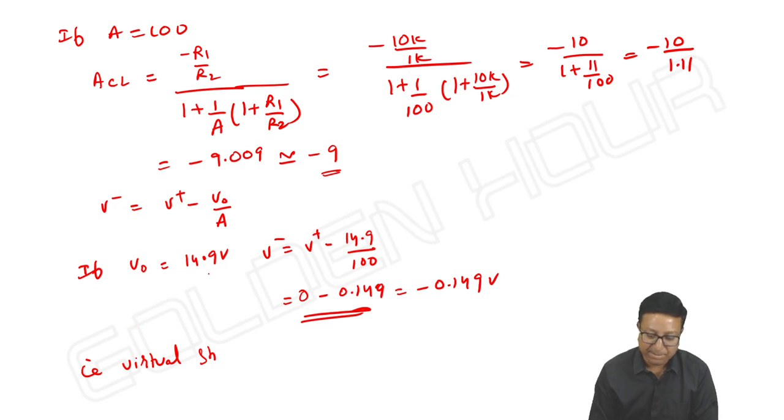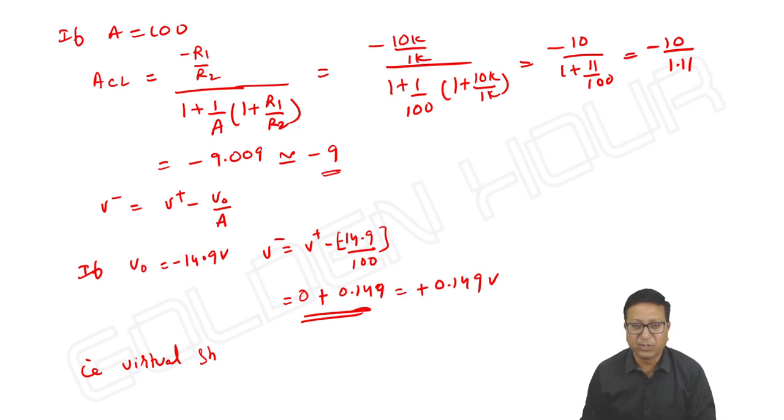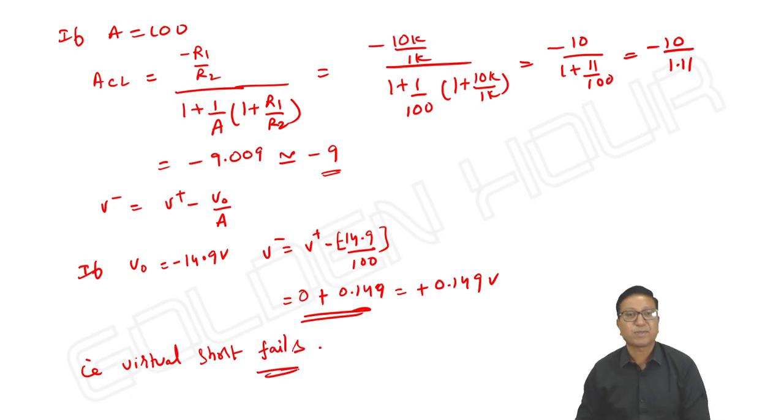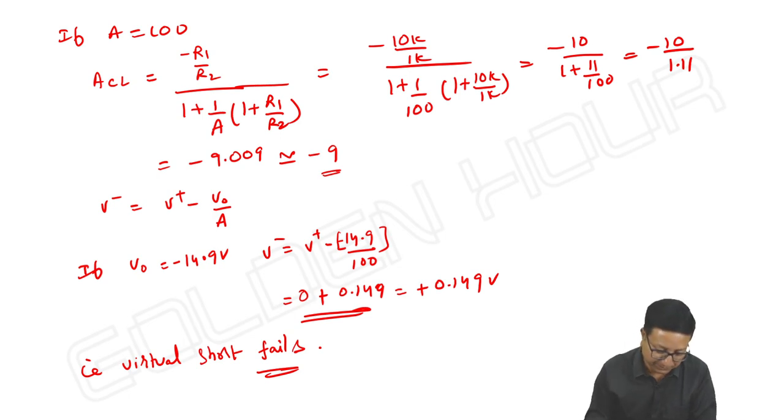I can take V output is equal to minus 14.9. However you write it, the signs work out very simple. So is it possible to say 0.15 is equal to 0? No, you cannot. So virtual short fails. This is the interesting part here.